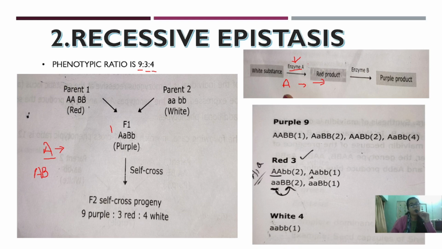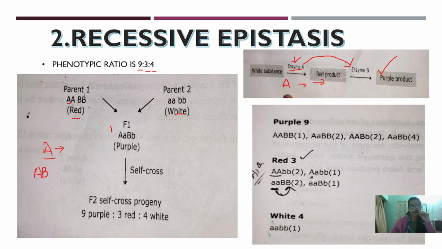When both enzyme A and enzyme B are present together, then purple color will be formed. So the B enzyme will express itself only in the presence of enzyme A, otherwise it can't express itself. Here capital A, that is red color, can express itself, and where no dominant genes are present, we get a white color flower.